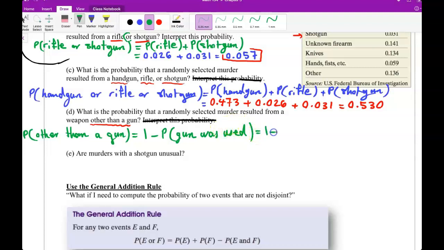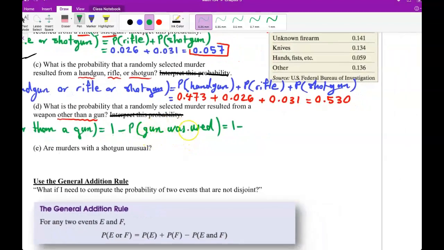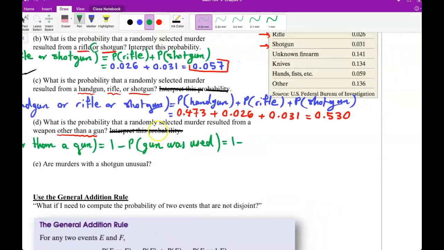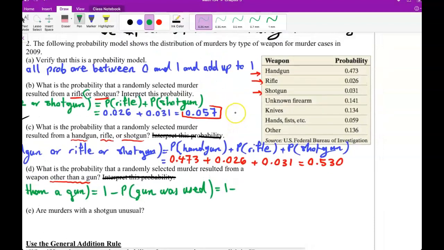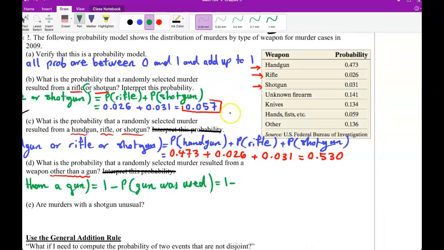That is equal to 1 minus... What this means, gun was used. Here we have these 4.